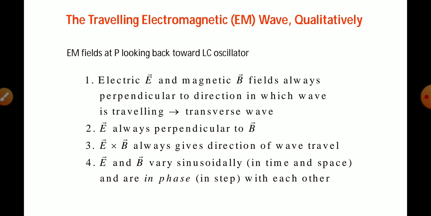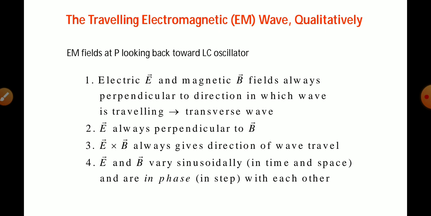The first point to remember is that the electric field E and the magnetic field B are always perpendicular to the direction in which the wave will travel.